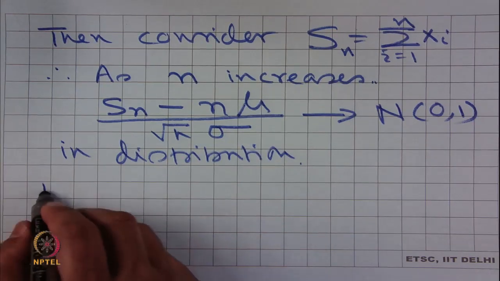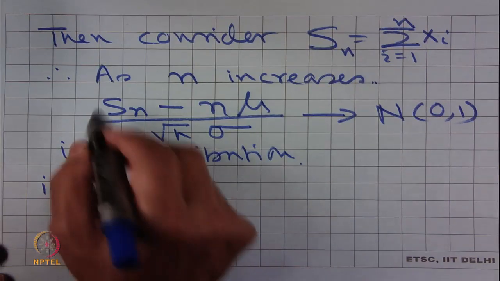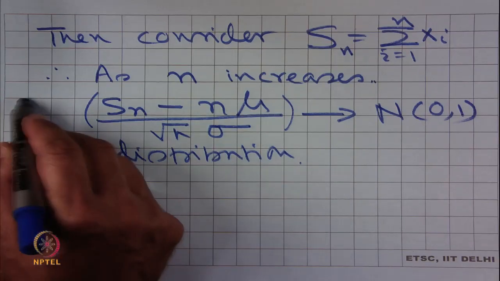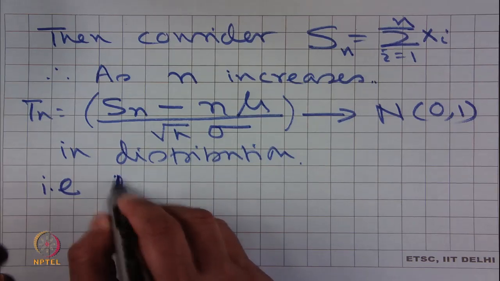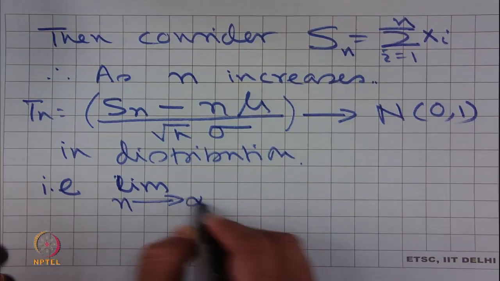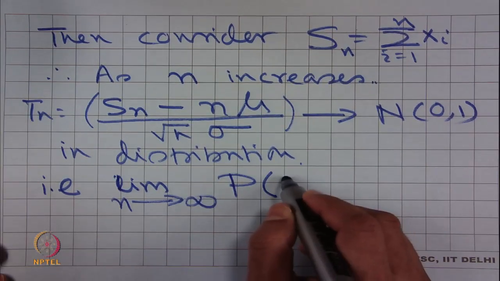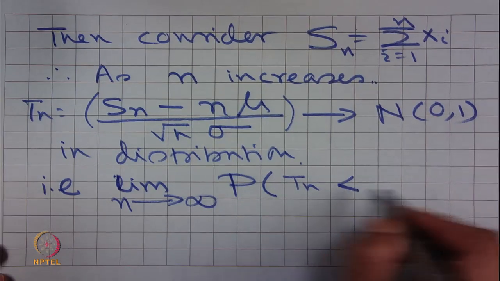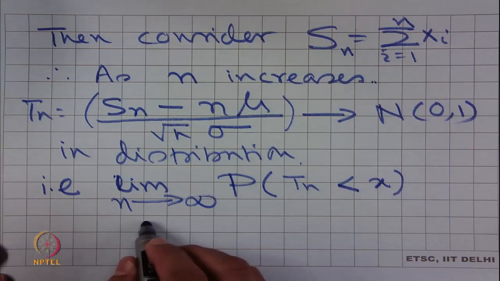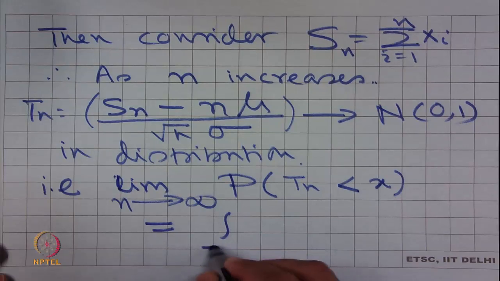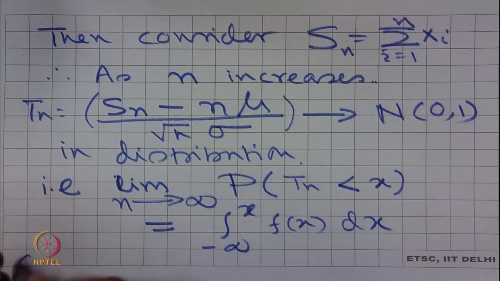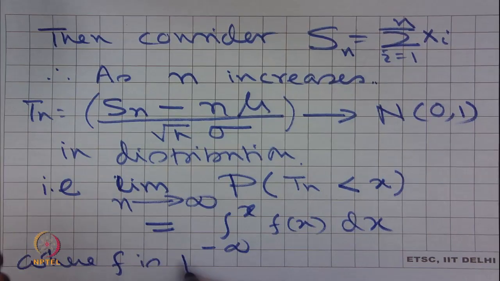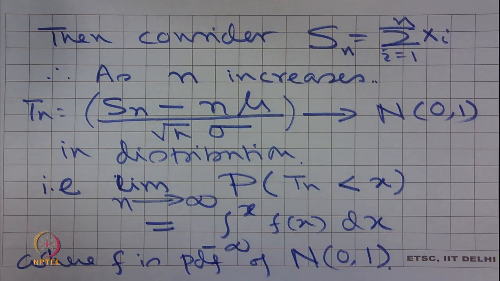That is, if we call this T n, then limit n going to infinity, probability T n less than x is equal to the integral from minus infinity to x of f x dx, where f is the PDF of normal 0 1.